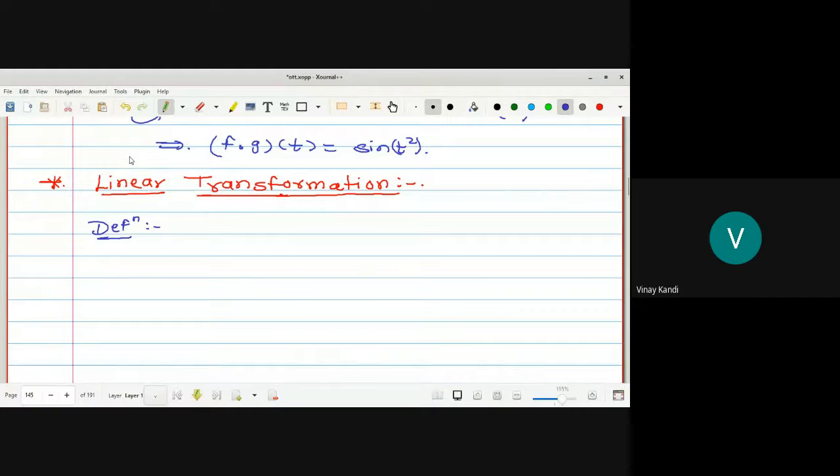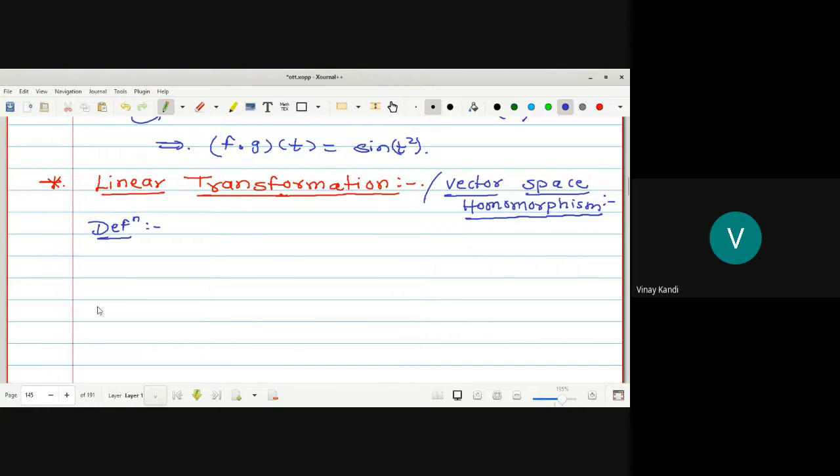That linear transformation is also called vector space transformation or vector space homomorphism. Now look at the definition.